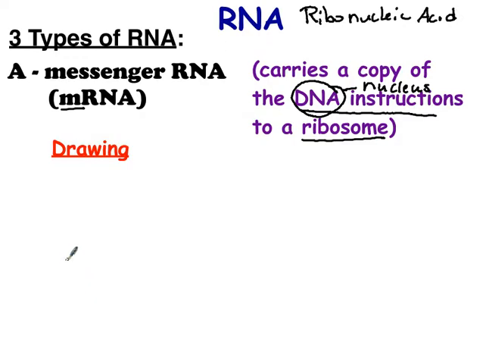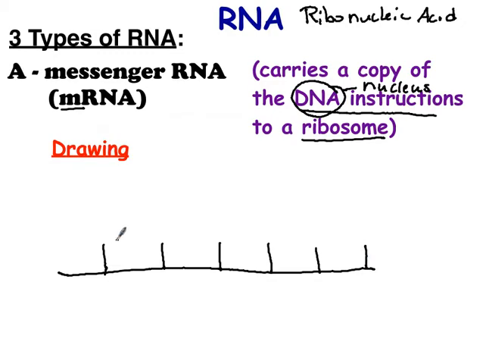So we need to be able to recognize these guys in a diagram, so let's draw one. Okay. RNA, this is going to be our sugar phosphate backbone, just like with DNA. And then we're also going to have our nitrogen bases. Now, in RNA, our nitrogen bases are going to be guanine, cytosine, adenine, and uracil.